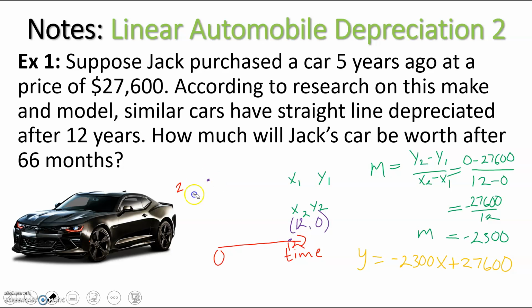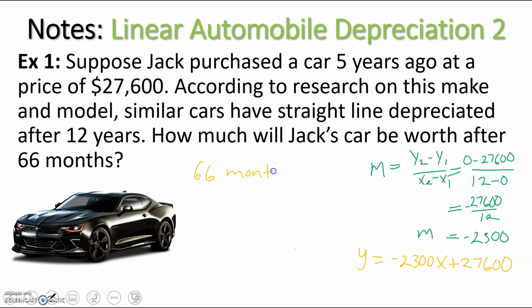So let's give ourselves some space here. So we have 66 months. Now we know there are 12 months per year. So we're going to divide this by 12 months to get the number of years.